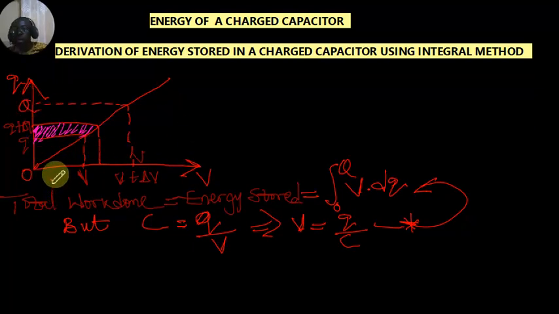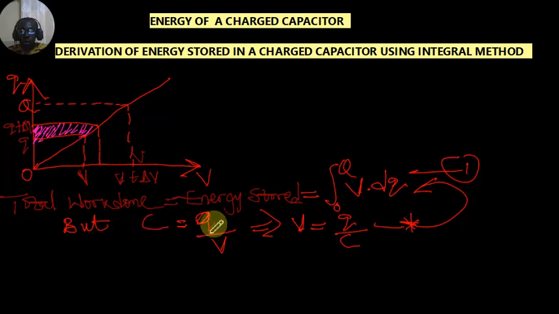Then we multiply by the product of the potential and the change in Q. This little increment dQ will be multiplied by the potential, then we take the integral of that from 0 to Q. The total work done is the energy stored, which is the integral from the lower limit 0 to the upper limit Q of V dQ. Take this as your equation 1.